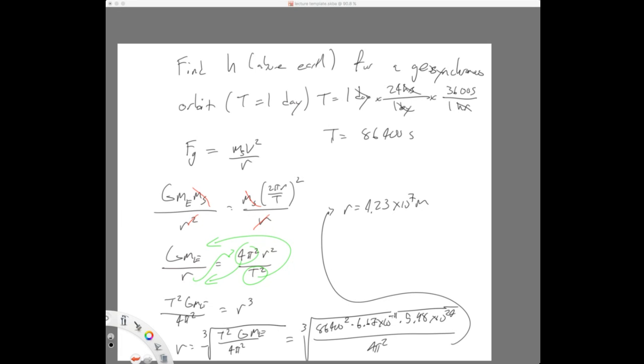But R is not actually what we were asked for. We were asked for H. Remember the picture. Here's the radius of the Earth, and here is H, and this whole thing is R. So H plus the radius of the Earth equals R. So H equals R minus the radius of the Earth, which is 4.23 times 10 to the 7 minus 6.38 times 10 to the 6.